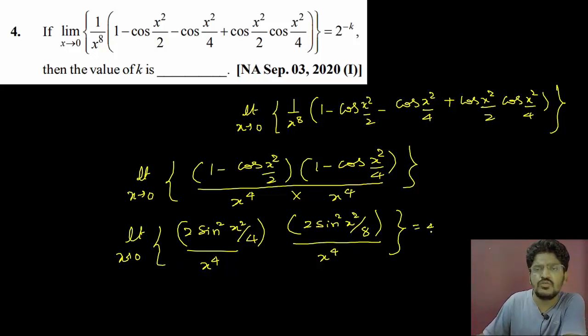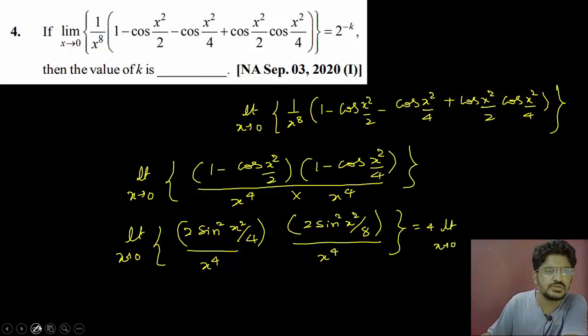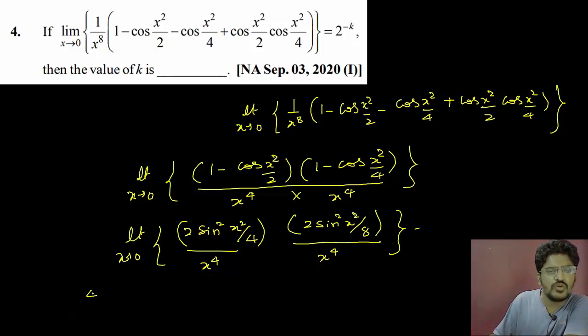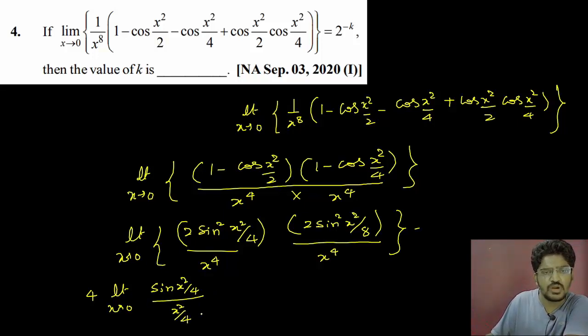That will be 4 into limit x extending to 0. Just I will adjust the terms. Okay. I will adjust these terms as 4 is outside, limit x extending to 0. Here we can adjust it as sine of x square by 4 divided by, you can just see x square by 4. If I multiply it with x square by 4, the remaining term is x square, and I have taken divided by 4 extra term, so that will be 4 square.